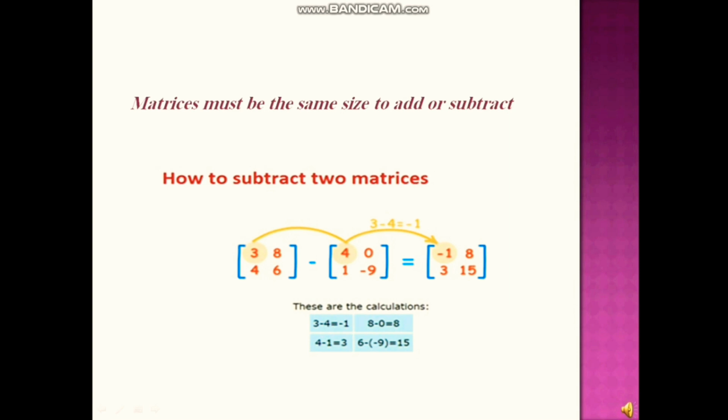So the example here, 3 minus 4 equals -1. 8 minus 0 will be 8. 4 minus 1 will be 3. And 6 minus -9 will be 6 plus 9. So the answer will be 15.